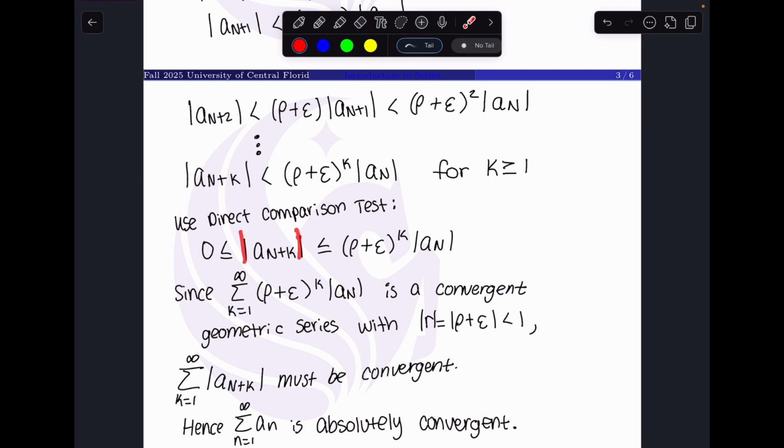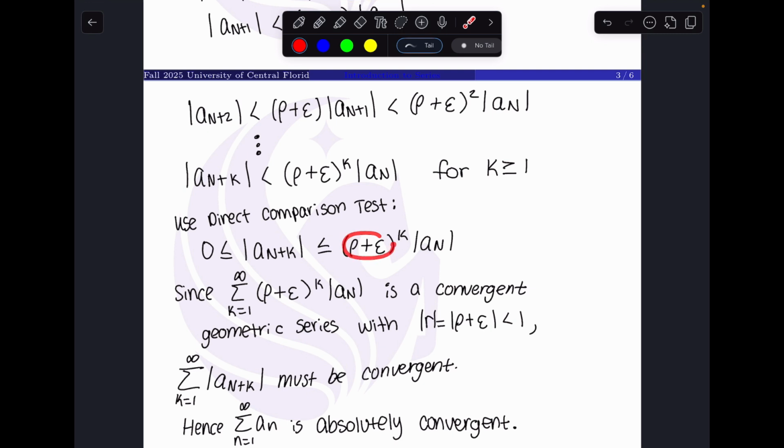Since I'm taking the absolute value of these terms, I have 0 is less than or equal to the absolute value of a sub n plus k, which is less than or equal to rho plus epsilon to the k times the absolute value of a sub big N. These are terms of a geometric series.